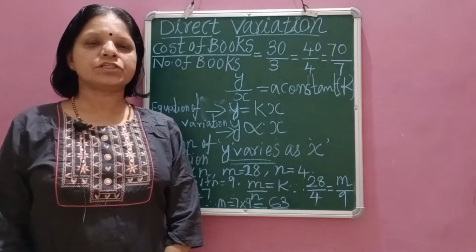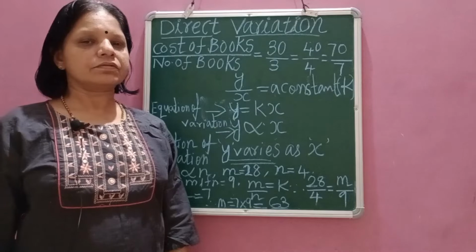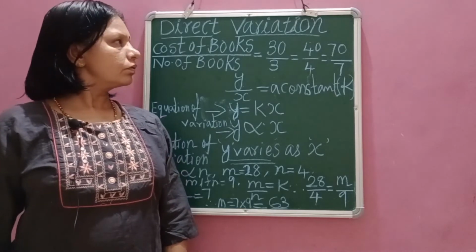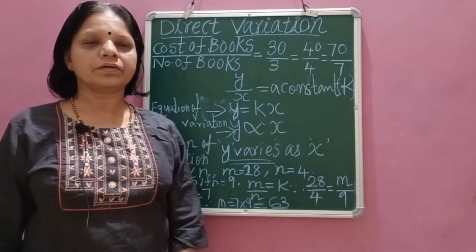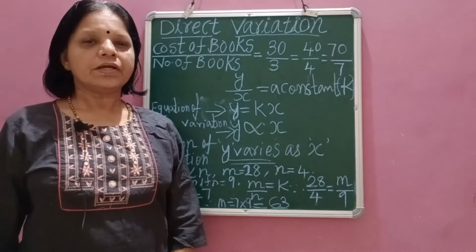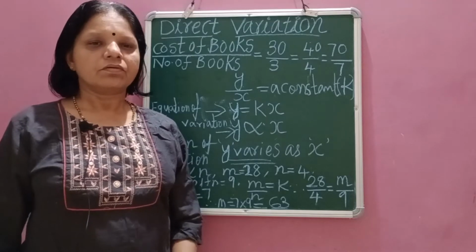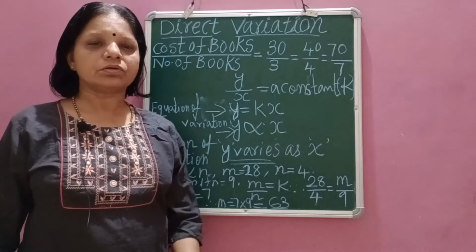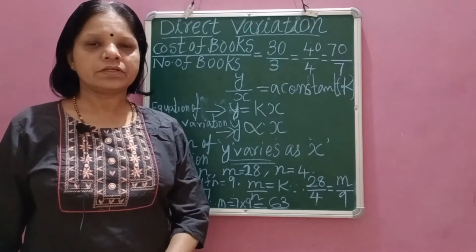Variation means to change. Here, the relation is between two quantities, the values of two quantities. Variation between two quantities means when we change one quantity, the other quantity also changes.